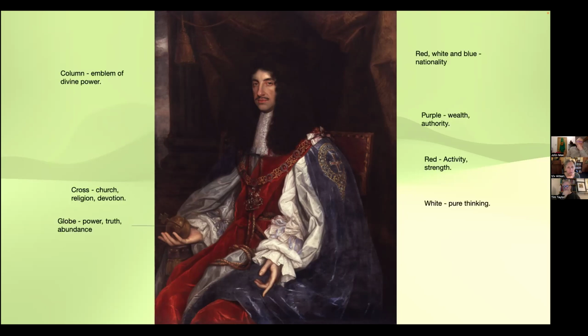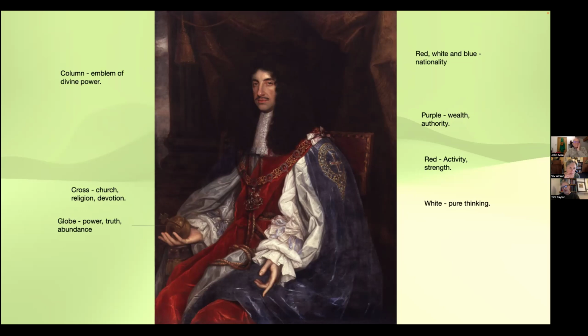So here are some of the ones that I've been able to find out about this picture. You see there's a column in the back, and that apparently is an emblem of divine power. And then he's holding this kind of globe in his hand, and that's a symbol of power as well, and truth and abundance. But it's got a cross on the top, and that's a symbol of the church and religion and devotion.